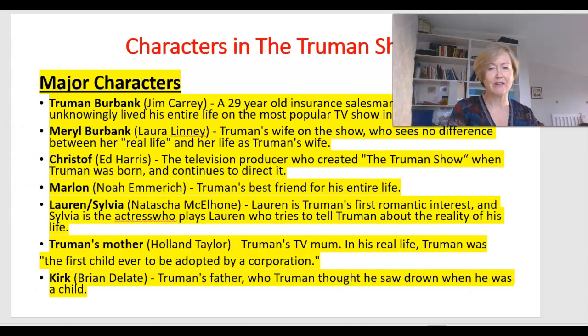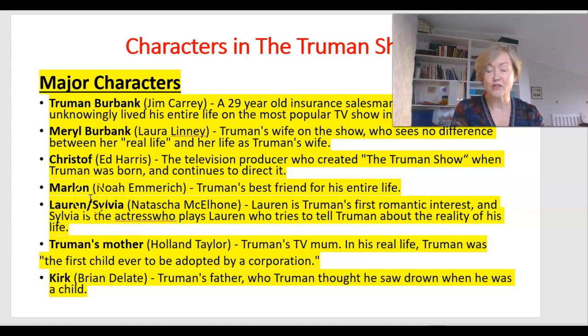Okay, characters. This is highlighted in yellow because I think it would be a really good idea for you to write these notes down about these characters, because as you write them down, you will remember their names. Truman Burbank, Meryl Burbank, Christof, Marlon, Lauren and Sylvia.